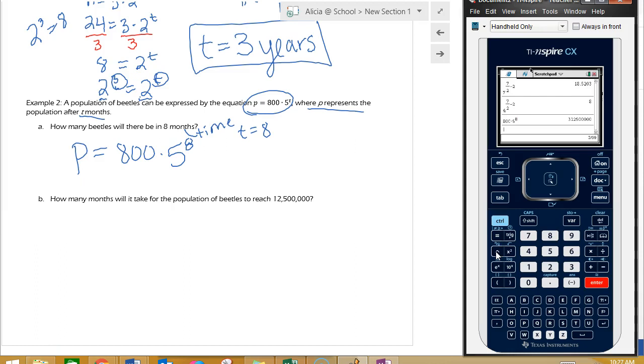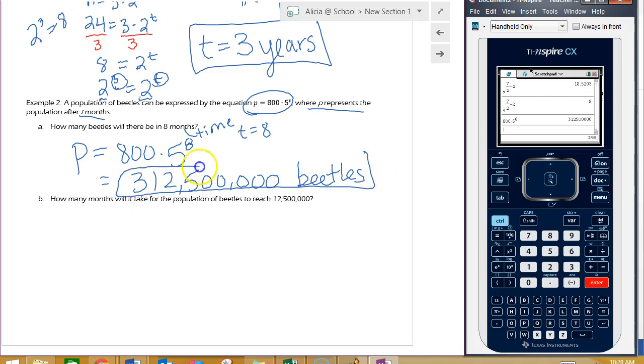When I click enter, I do get this nice big number, which is 312,500,000. That's 312,500,000 beetles after 8 months. Don't forget those units.